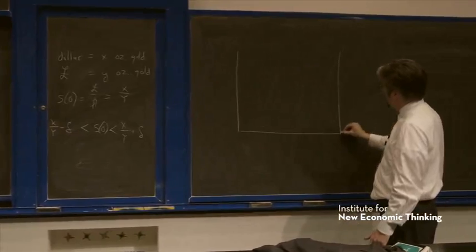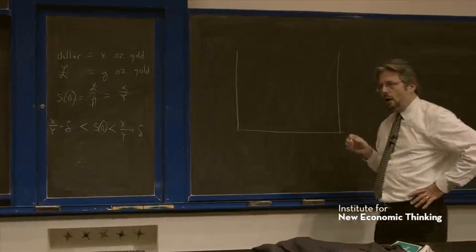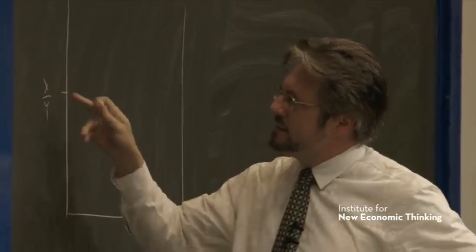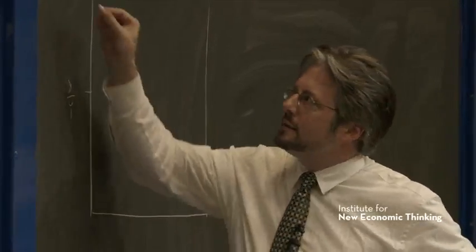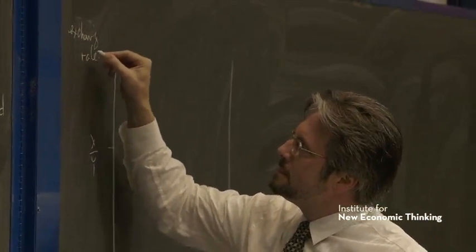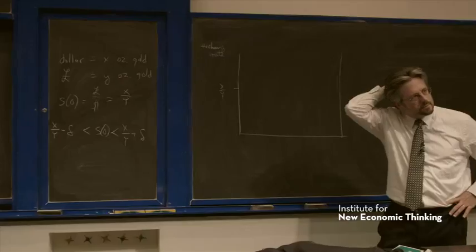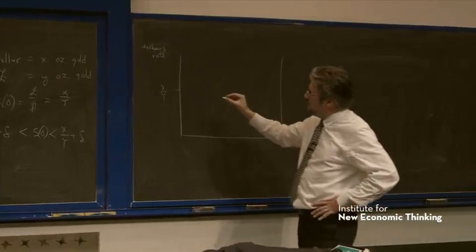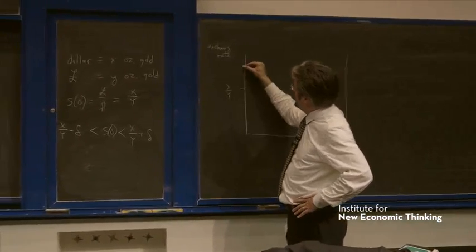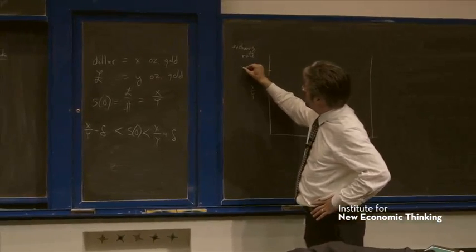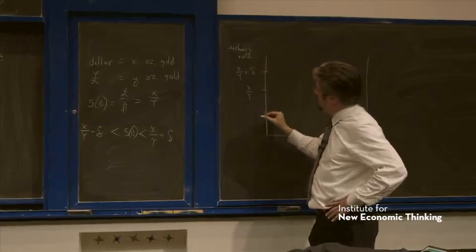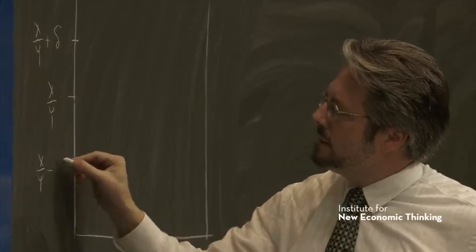So our dealer model always has, so we can put here X over Y. This is the exchange rate on this axis. And I'm putting the mint par ratio here, and saying that there's going to be a spread, X over Y plus delta up here, and here X over Y minus delta.